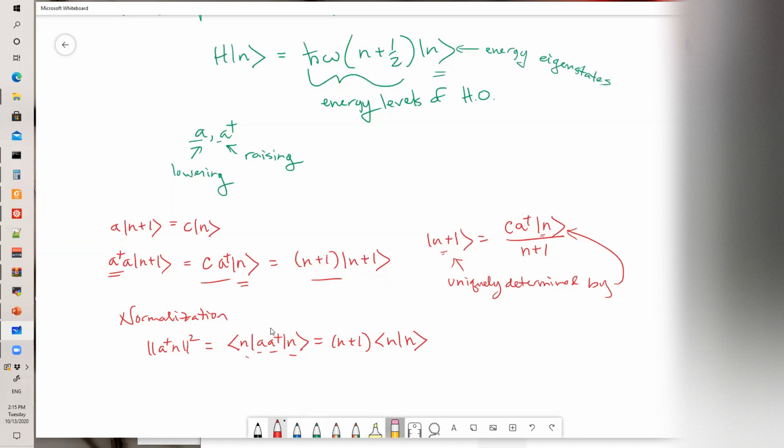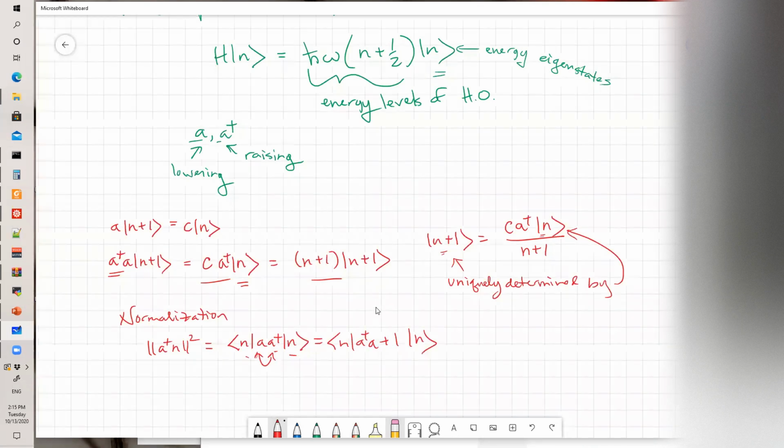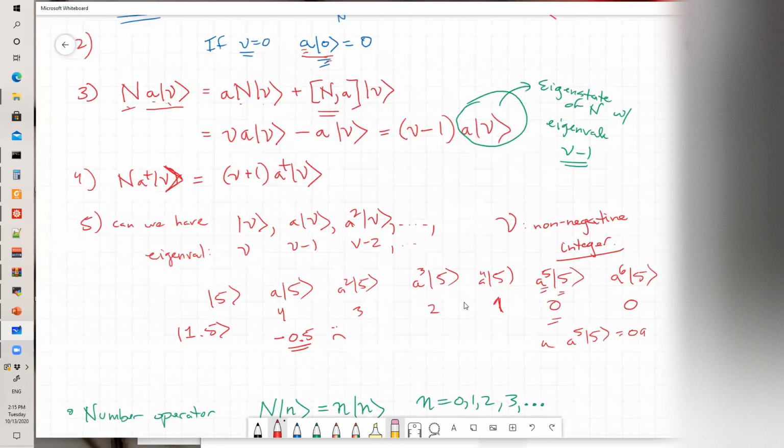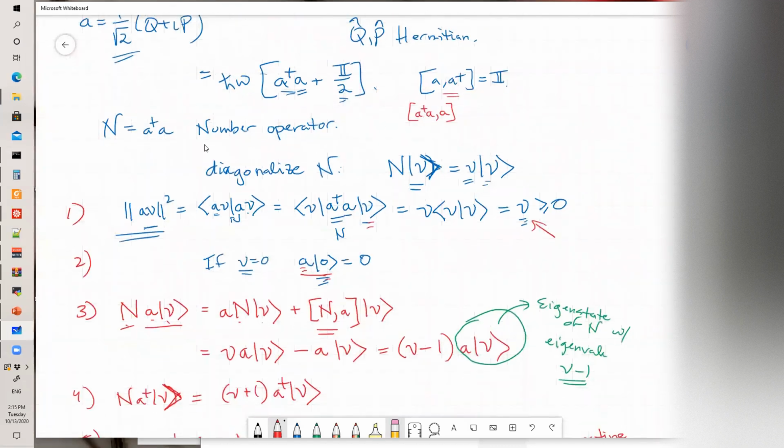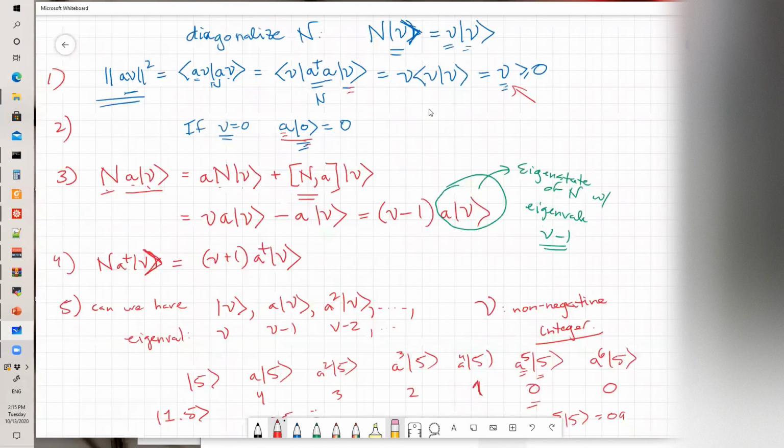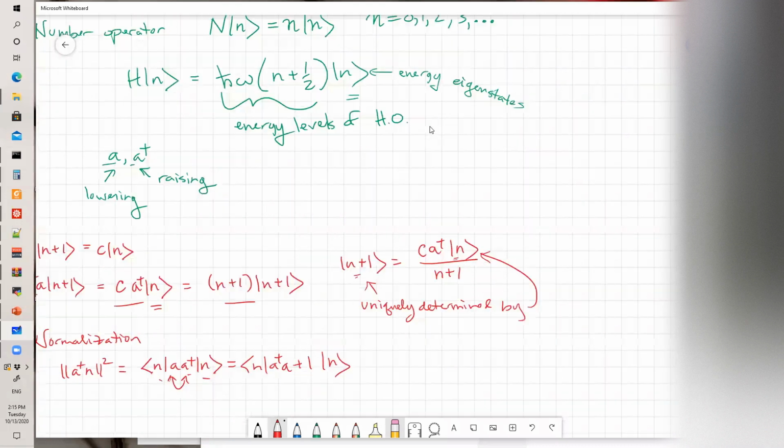Here, I'll add one more step. We can commute these two things past each other. And so you get n A dagger A instead, and then this becomes plus 1 from the commutator between A and A dagger. And we know n is A dagger A, so we're commuting them to get back the n operator.